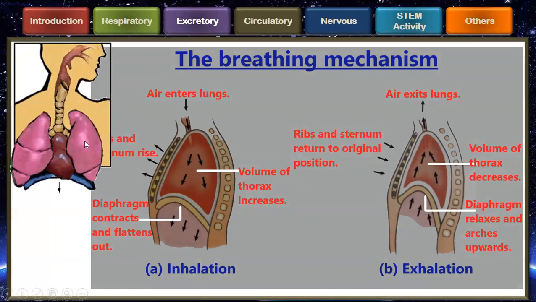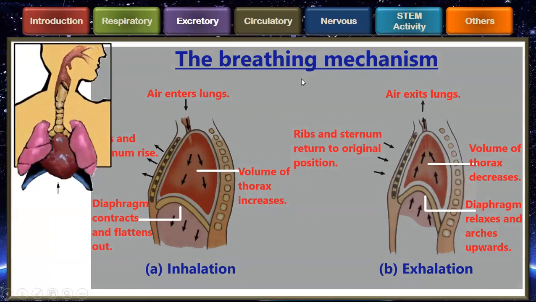When you inhale, the lungs become bigger. When you exhale, they become smaller. Inhale, bigger. Exhale, smaller. And look at the direction of the diaphragm. Inhale, going down. Exhale, it goes up. That happens during breathing. So that is our breathing mechanism.